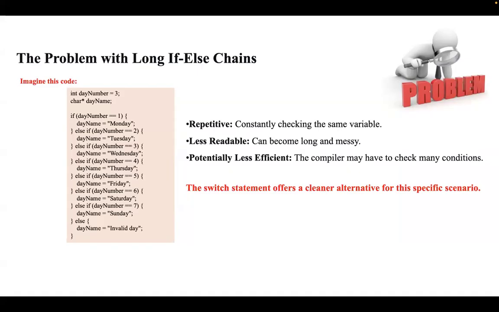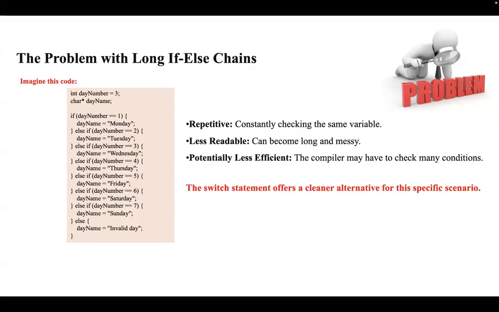But when it comes to these very long chains, you have many more conditions to check. Yes, you can use if else if, but it will not be very practical. Sometimes some issues can happen, some delays can happen in the output.